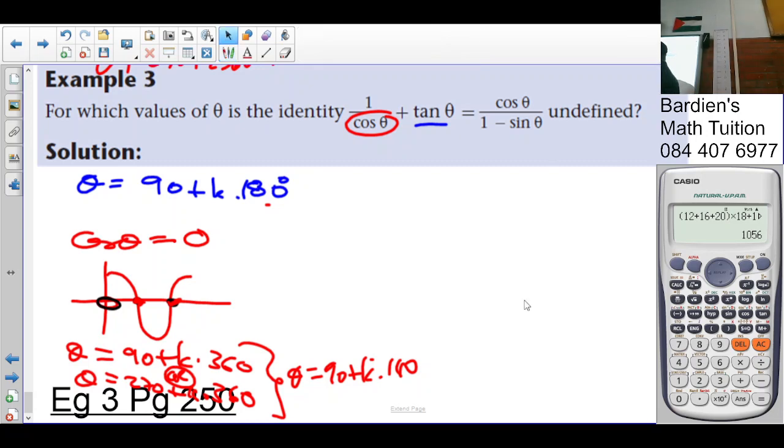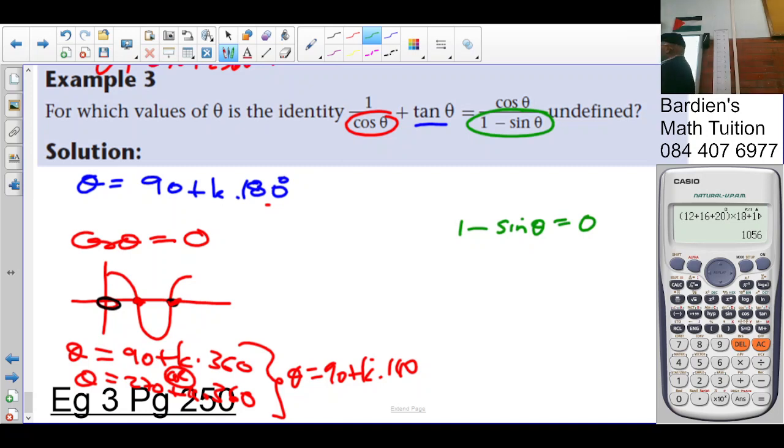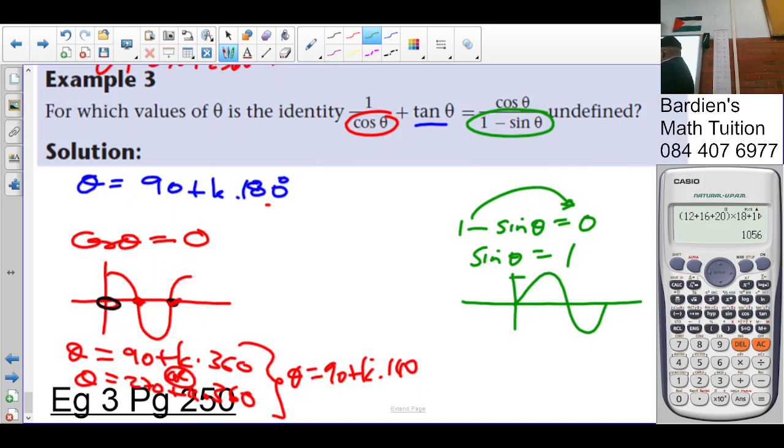If you look here, it is where 1 minus sine theta is equal to 0. So you take sine theta over the equal sign, sine theta is equal to 1. We take that to the graph. At 1, for which value of theta would sine theta be equal to 1?